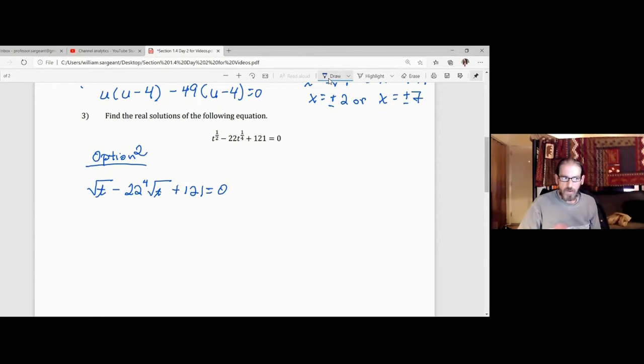And if I get the fourth root, the one with the larger index, alone, then square both sides.